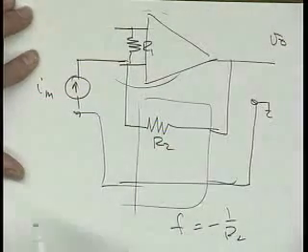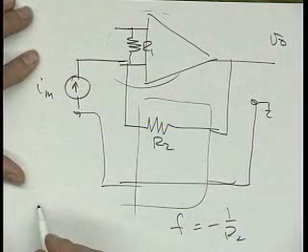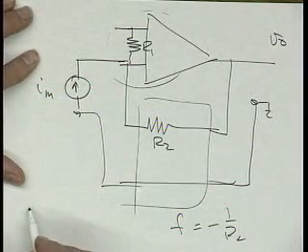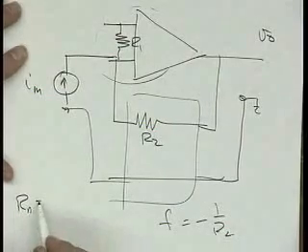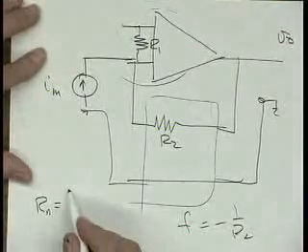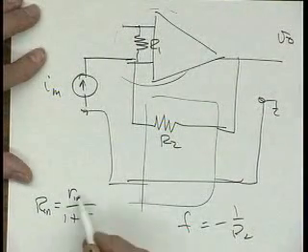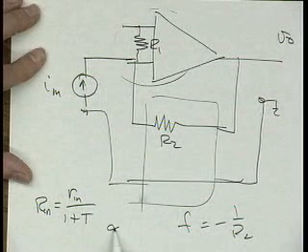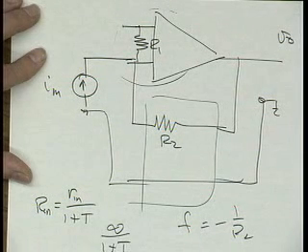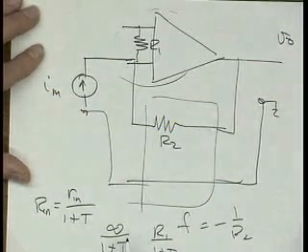Now you say, look, that's changed the problem. Because before I had Rin equal to Ri divided by 1 plus T. We know that. So in the first case, Ri was equal to infinity, so it was infinity divided by 1 plus T. Now in this case, it's going to be R1 divided by 1 plus T. You say, well, those are not exactly the same.